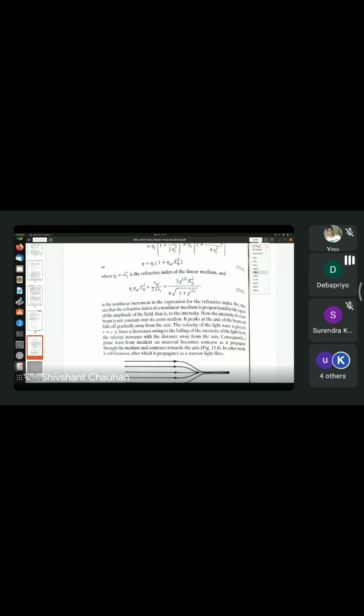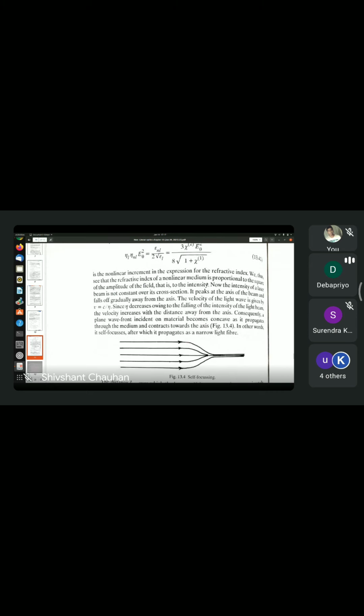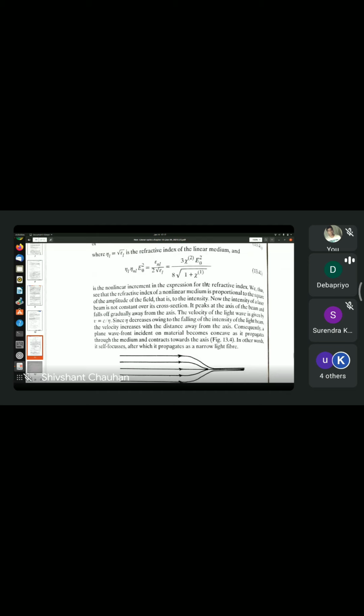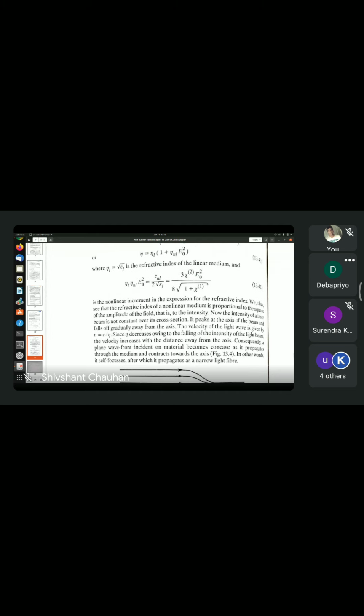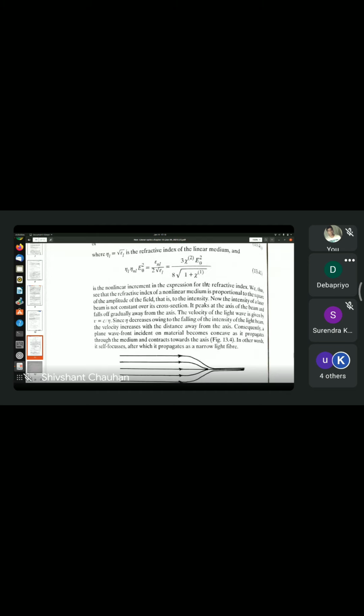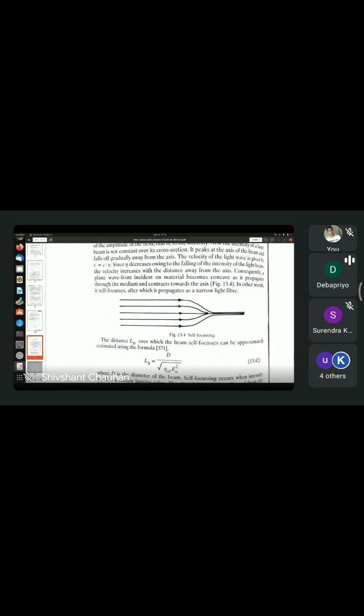That is the distance from A to O in our diagram. The distance from A to O is given by, just show the equation 13. Yeah, raise this. Yeah, this one. Stop here. Yeah. So this L0 is the focal length.